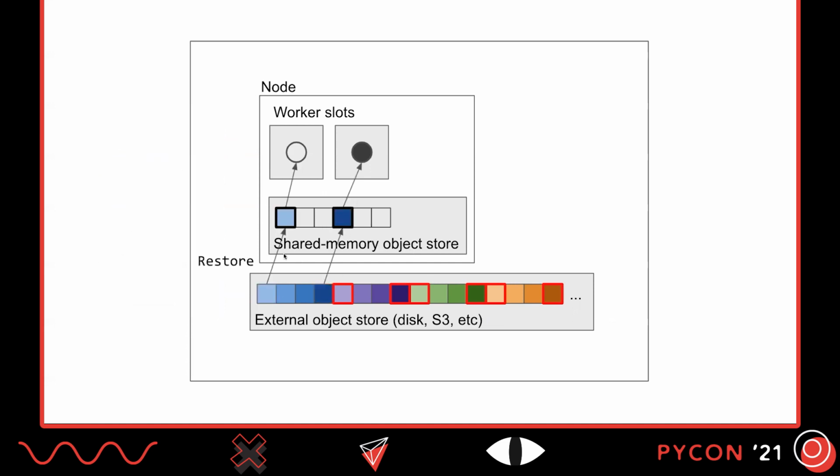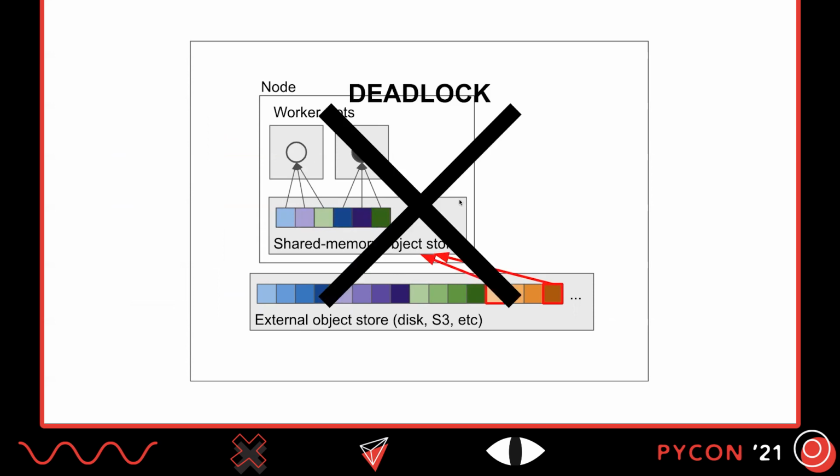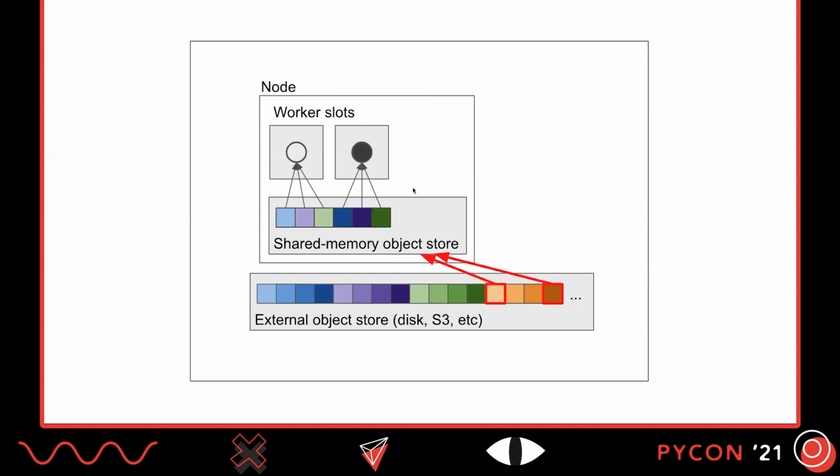We try to retrieve objects for each task. And you realize the last 2 objects required for each task cannot fit into the memory, meaning both tasks cannot be in progress. So there's a deadlock. And another problem this kind of workload can have is if you, for example, spill these 2 green again and restore these 2 orange again, you're still not in progress because each task needs 4 objects to be in memory, but they've never been there.